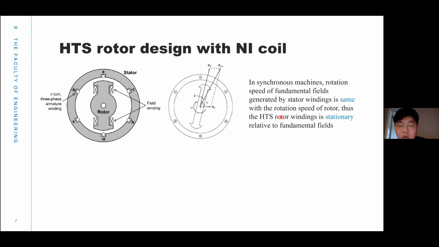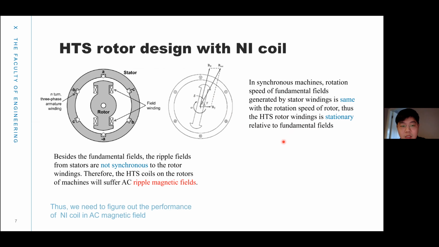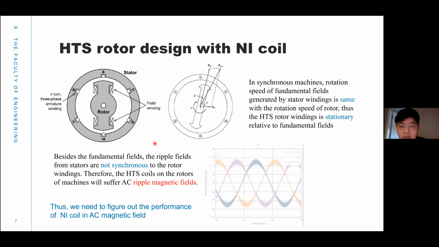But for a synchronous machine, the magnetic field generated by the stator rotates at the same speed as the rotor. In this case, the HTS winding is stationary relative to the fundamental field, so there will be no problem for the rotor. But besides the fundamental field, there is a ripple field from the stator.